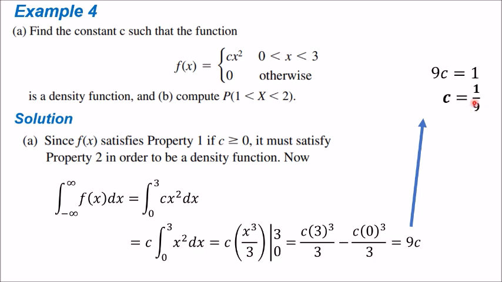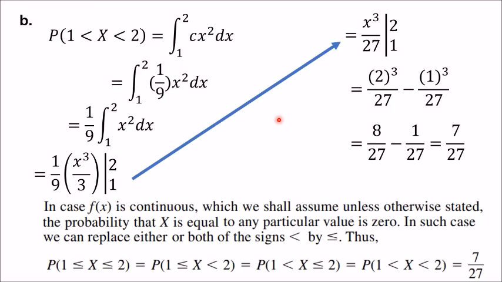Now, based on this result, we will find the probability that x is between 1 and 2. That is what we will solve next. The probability of x between 1 and 2 is equal to the integral of our function cx squared dx, evaluated from 1 to 2.